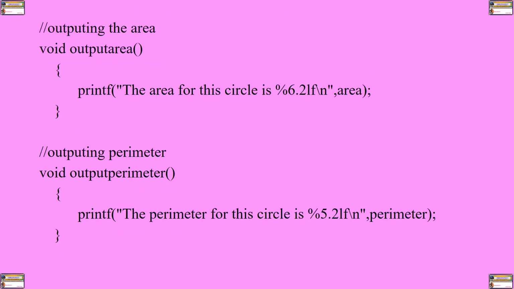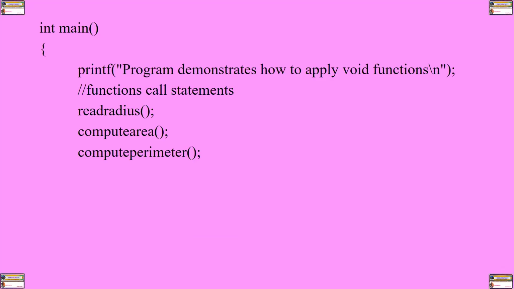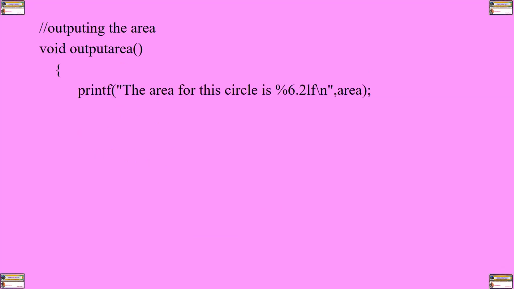The next function to be executed will be compute perimeter. Once this core statement is executed, it is telling the processor to take the control to the function called compute perimeter.